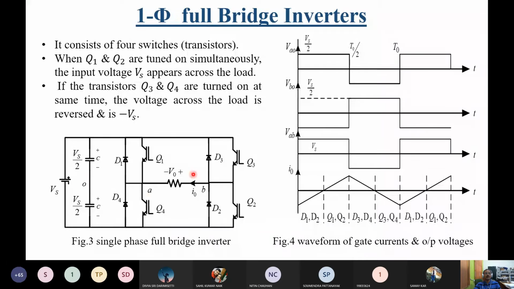Now, if it is an inductive load. For a resistive load, no problem. The current waveform will be similar to the voltage waveform, however the magnitude will be lesser.